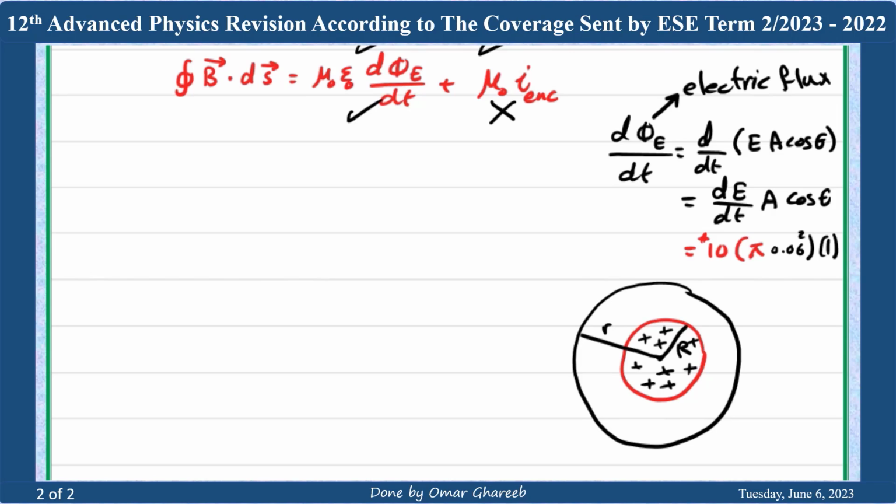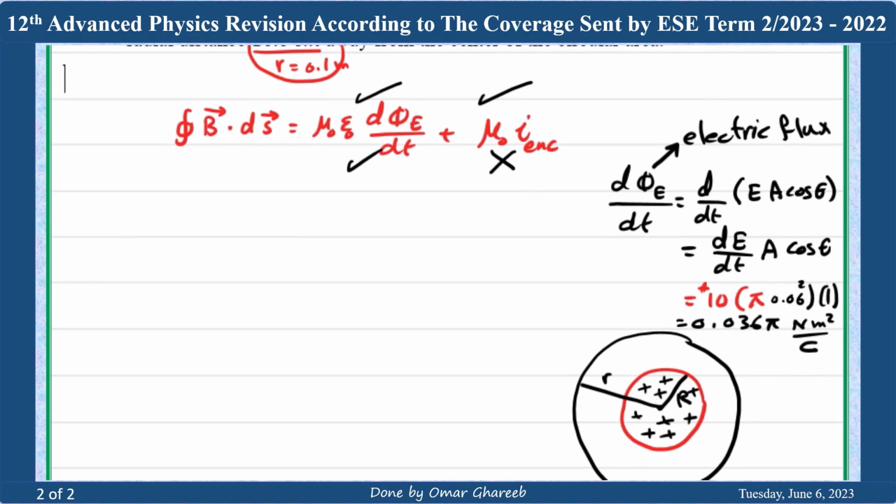Now the answer is 0.06 squared times pi times 10, which is 0.036 pi, and the unit is newton meter squared per coulomb. Now I have d phi by dt.